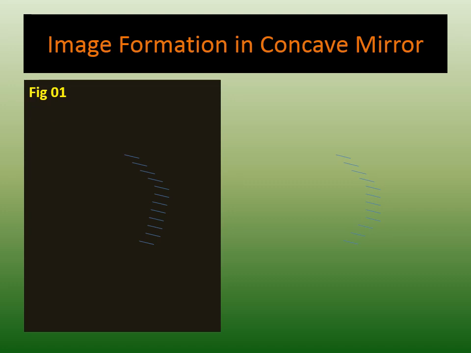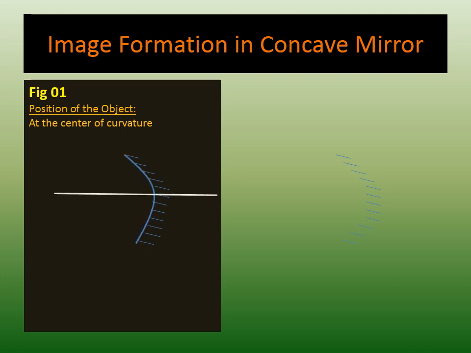This is the first figure. This is for a concave mirror, and this is for the position of the object at the center of curvature. This is the concave mirror, and this is the principal axis of the mirror, and this is the center of curvature of the mirror, and this is the focus of the mirror.